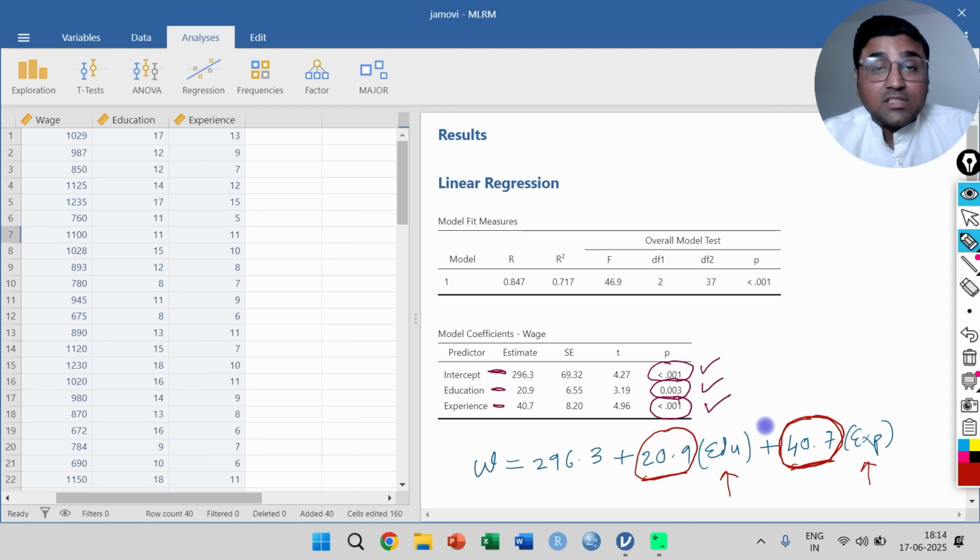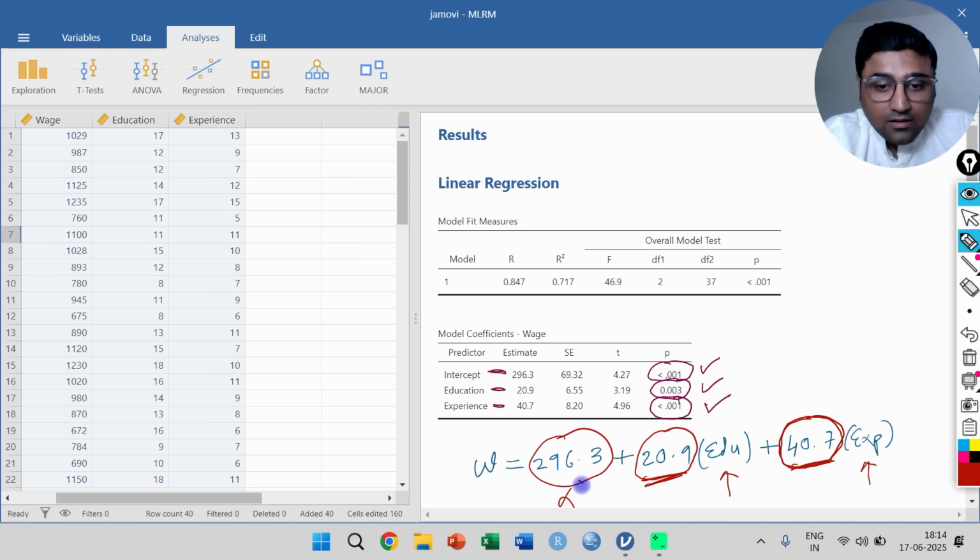So this is how we interpret the regression coefficients. And if these two are 0, that means our alpha, that is 296.3, that shows the intercept. So this is how we perform the multiple linear regression model and we interpret the coefficients and overall model.